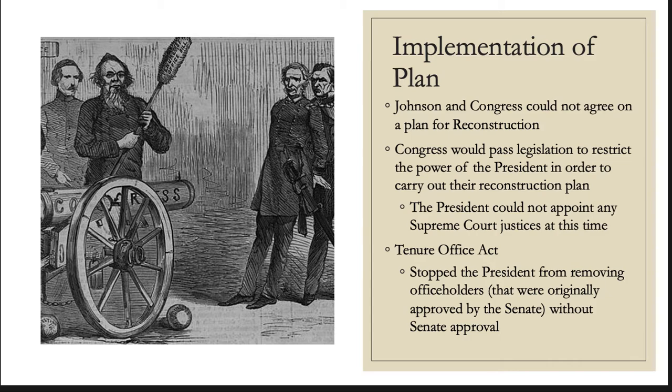And what this means here is that the president could not remove anybody from office that had already been approved by the Senate without Senate approval. The Tenure of Office Act is a trap set by Congress for Johnson to attempt to impeach him.